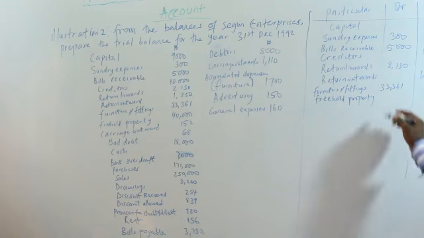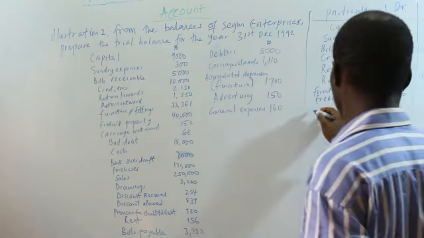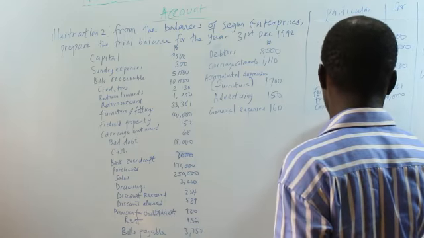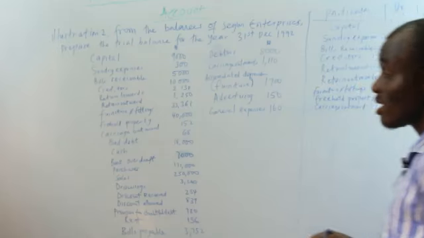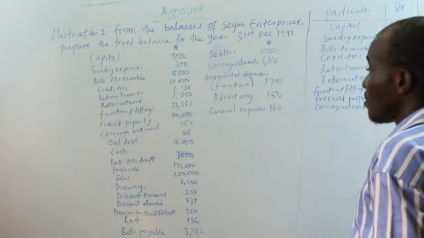Freehold property is an asset also that will be on the debit side. So we have carriage outward. Carriage outward is an expense that will be on the debit side. All our expenses should be debited.